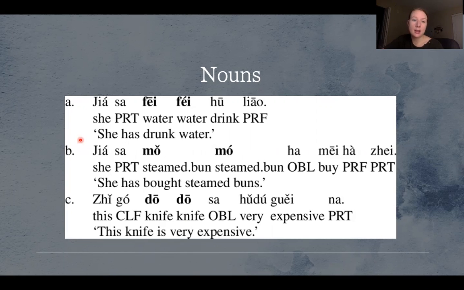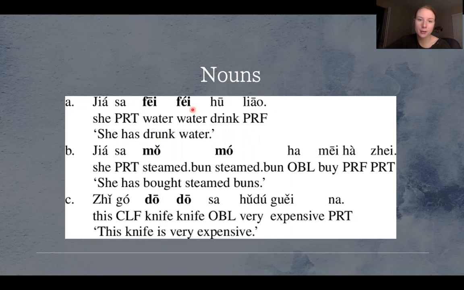So we can see here water, water. So we have that past participle there. We have she has, and then we have drink, and then we have the present perfect aspect there. So she has drunk water.